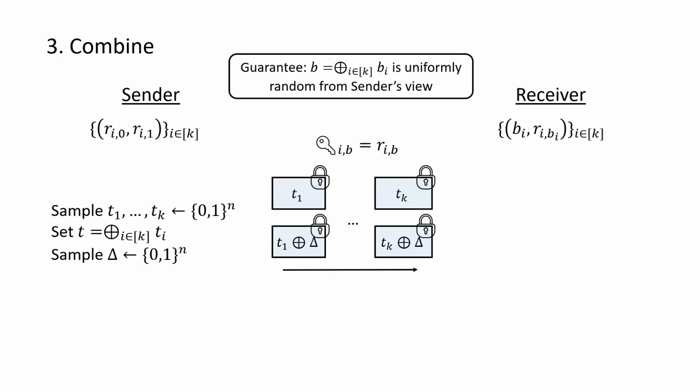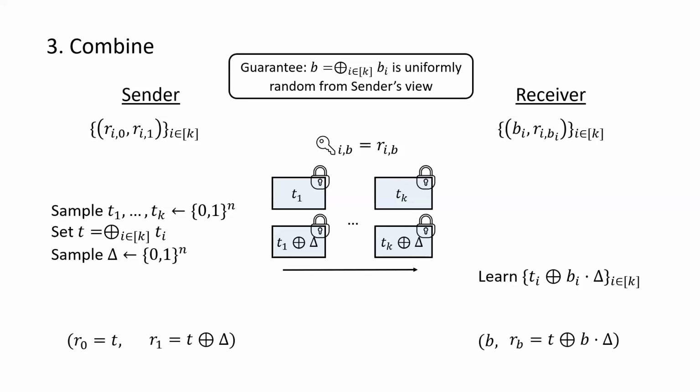So the receiver can learn 1 out of 2 of each of these underlying strings, depending on which one they had. What this gives us is a way to say that the sender's 2 strings are T and T XOR this offset, and the receiver will get 1 of these 2 strings, which depends on the XOR of all their bits b_i.